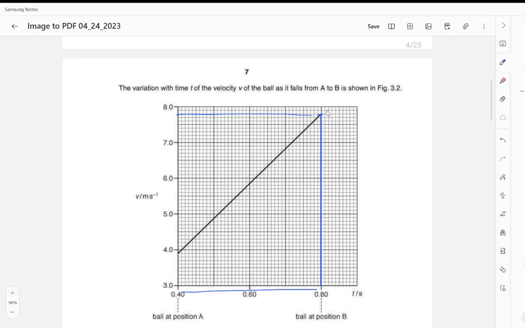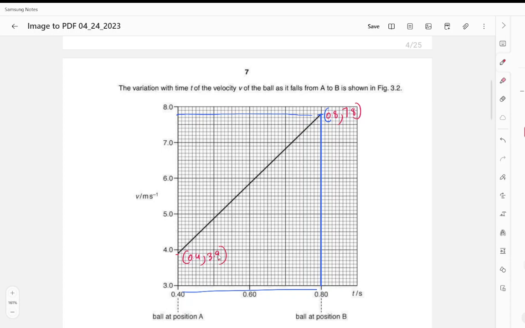So let this coordinate be 0.8, comma. The vertical axis coordinate is actually 7.8. Similarly, this is actually going to be 0.4, comma, and this coordinate is 3.9. Sorry, 3.9, yeah. 3.9. Sahi hai.